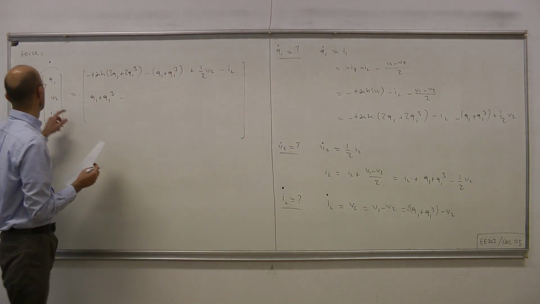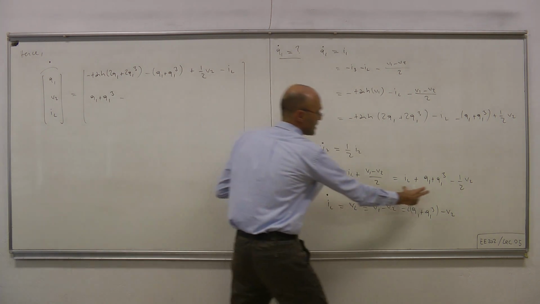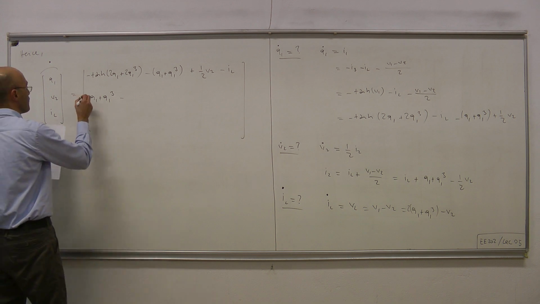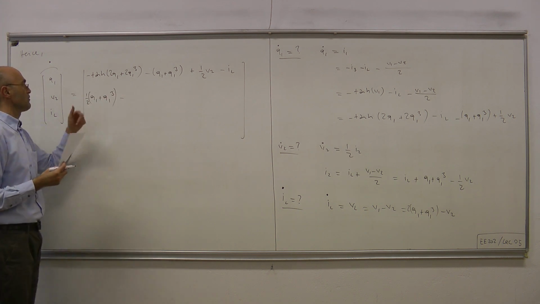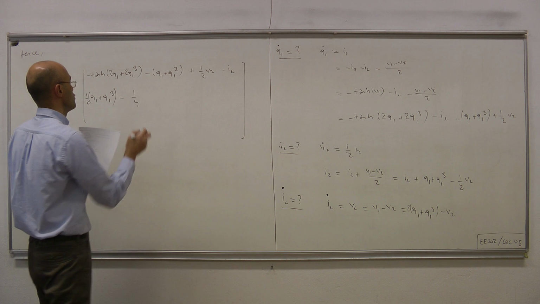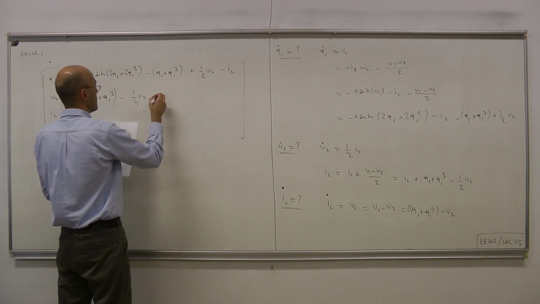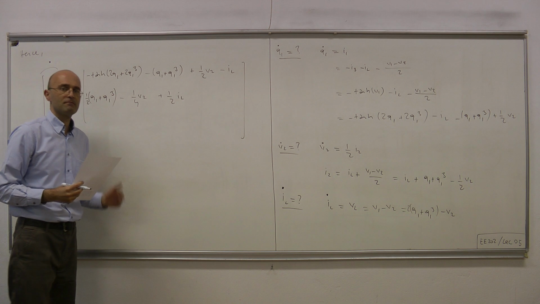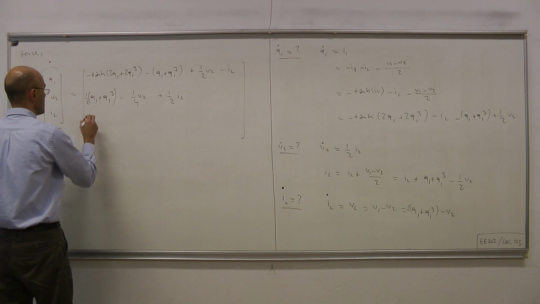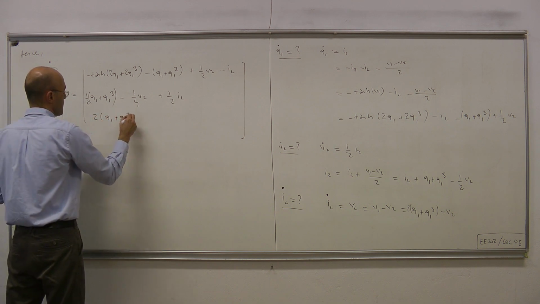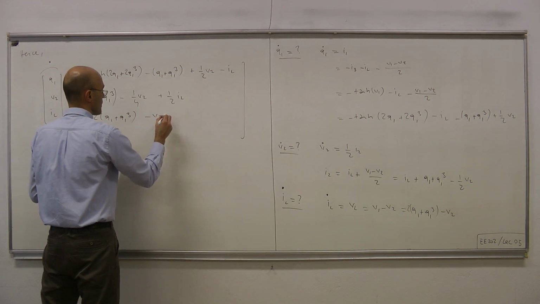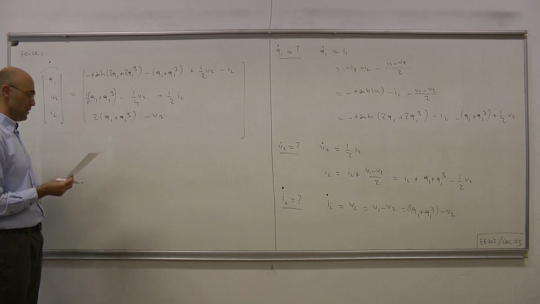Therefore, in order to write V2 dot, we have to divide this by 2. So here we have a 1/2 term: 1/2 (Q1 plus Q1 cube) minus 1/4 V2 plus 1/2 IL. And for IL dot, we have 2Q1 plus Q1 cube minus V2. And that's our nonlinear state equation.